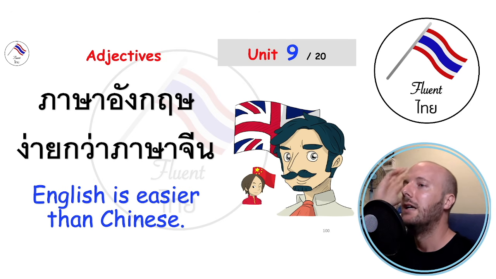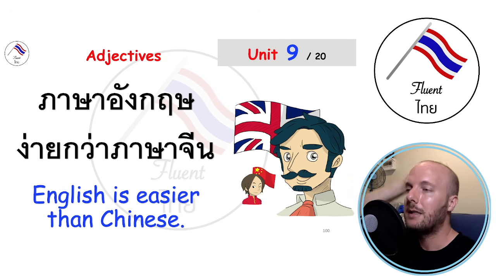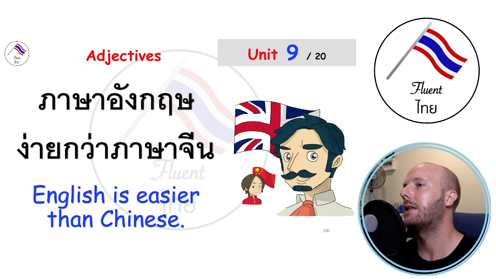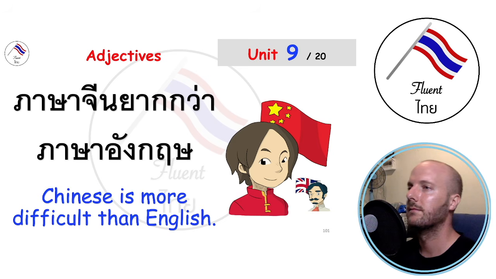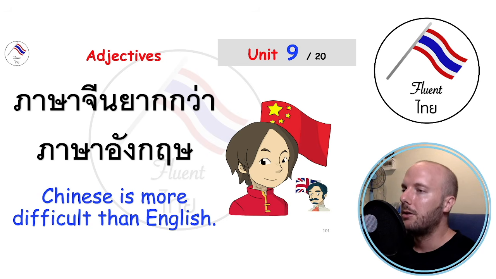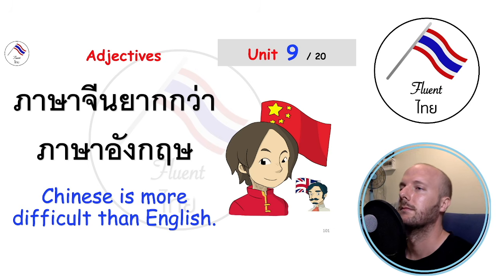English is easier than Chinese: ภาษาอังกฤษง่ายกว่าภาษาจีน. And the other way around, Chinese is more difficult than English: ภาษาจีนยากกว่าภาษาอังกฤษ.